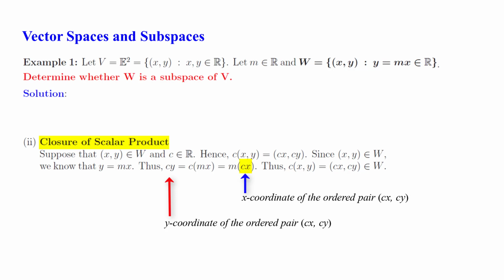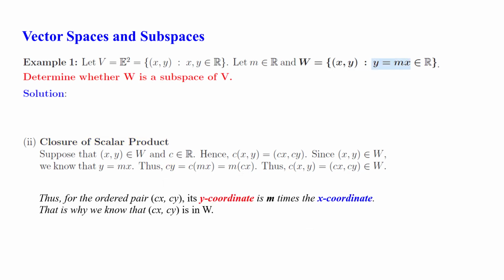And you can see this value is m times this value. That's precisely what this equation says. That says the ordered pair (cx, cy) is in W. But of course that's the scalar multiple of c times (x, y). Therefore, the scalar multiplication is closed.